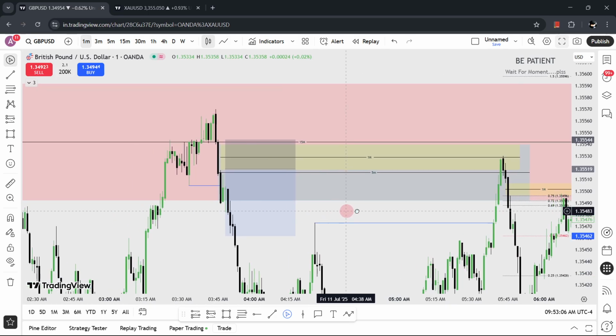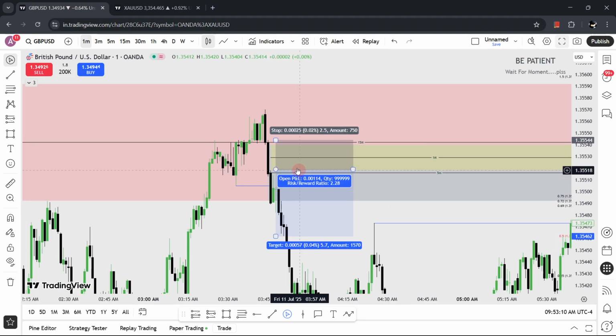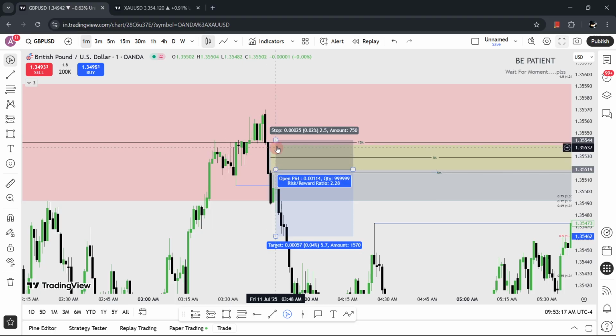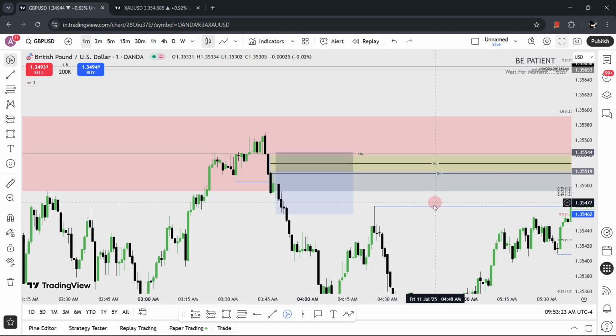So a similar case is available here. We will come to that. If the price goes above this, it's not going to respect or work out my theory.